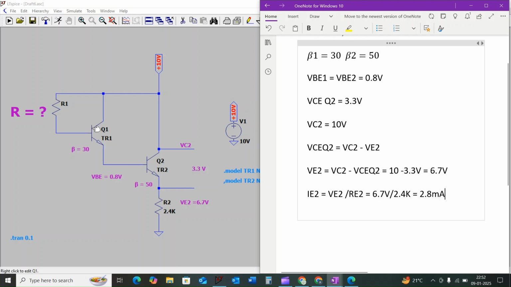To find the base resistance of the transistor Q1, which is RB1, we need to know IB1, the base current of the transistor Q1, and also the voltage across the base terminal of the transistor Q1, which is VB1.